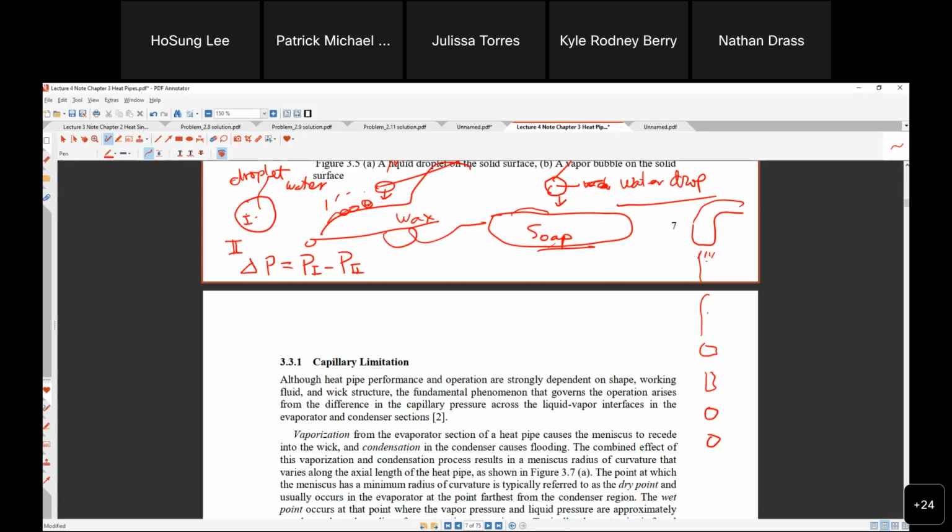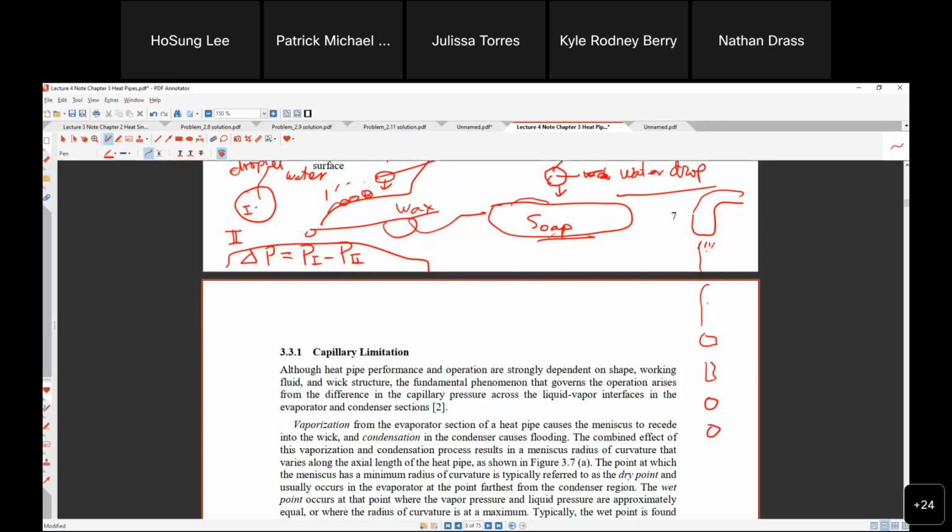Which pressure is higher in the water droplet? Can you answer? Inside or outside? I'm checking your understanding.